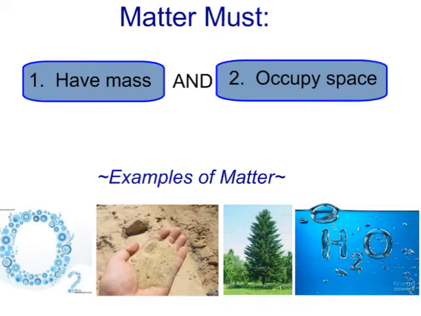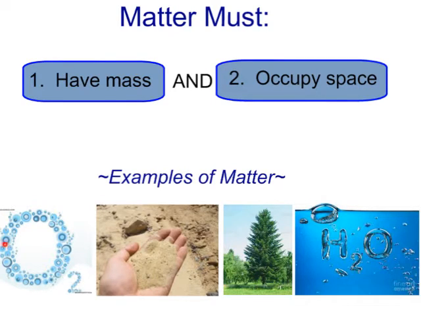Well, there are two characteristics that must happen in order for something to be matter. They must have mass and they must occupy space. So that's it. If something has mass and it occupies space, then it is matter. And here are just some little examples below. Obviously, water, it has mass, it occupies space, a tree does, sand does.